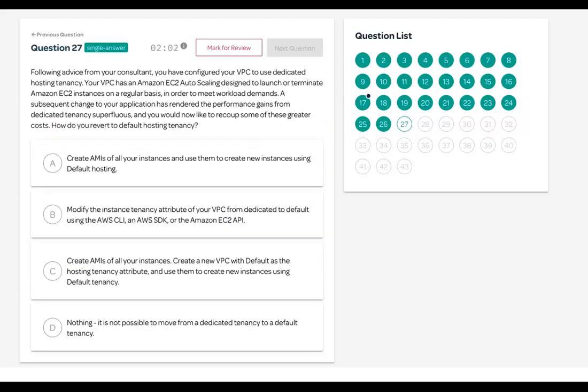Following advice from your consultant, you have configured your VPC to use dedicated hosting tenancy. Your VPC has an Amazon EC2 Auto Scaling group designed to launch or terminate Amazon EC2 instances on a regular basis in order to meet workload demand. A subsequent change to your application has rendered the performance gain from the dedicated tenancy superfluous, and you would now like to recoup some of these greater costs.